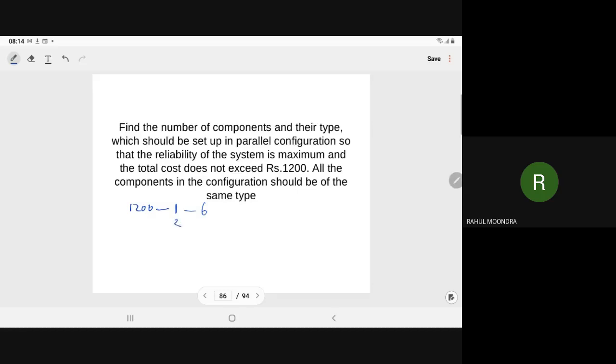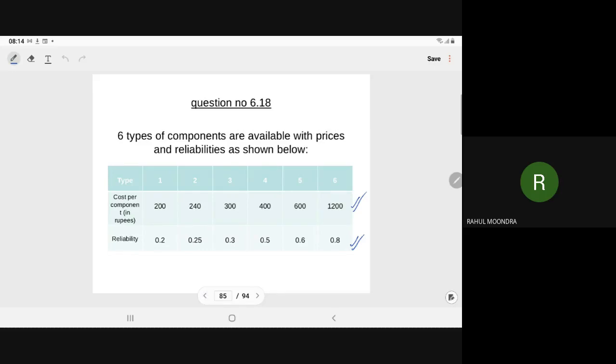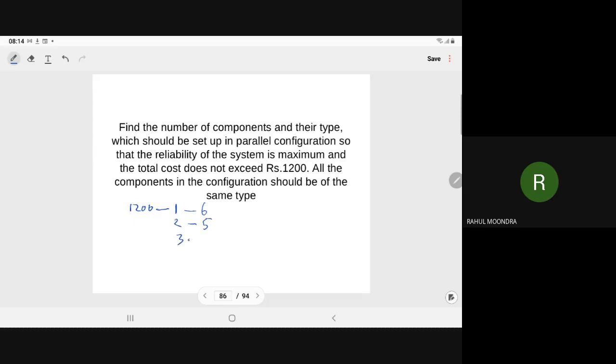Similarly, if the unit price for component 2 is 240 rupees, you can purchase a maximum of 5. If the unit price is 300 for type 3, you can purchase only 4 components of the same type.